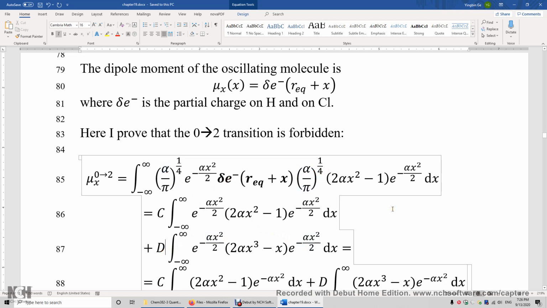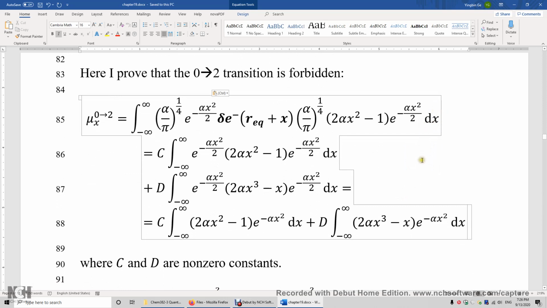We don't even care about the values of C and D, because I will prove to you that this integral is 0, and that integral is also 0. So first, this integral is 0 because we are looking at the integral of the product of two different eigenfunctions of the Hermitian operator.